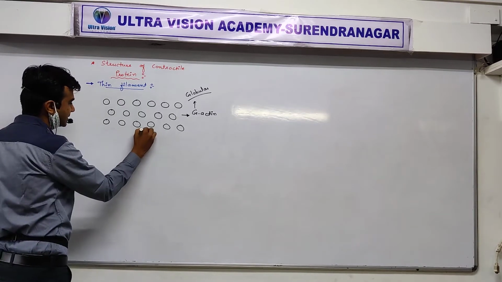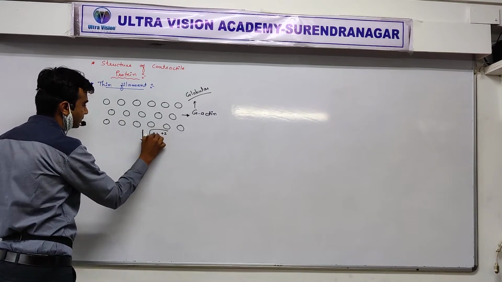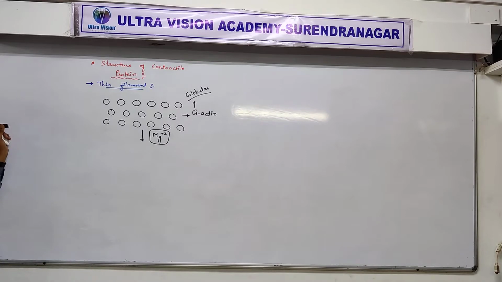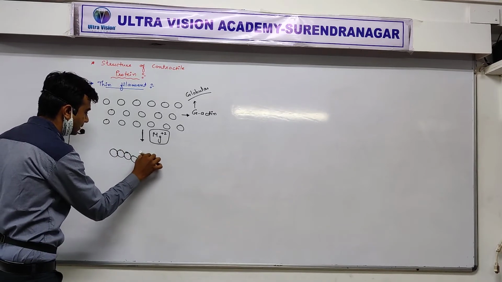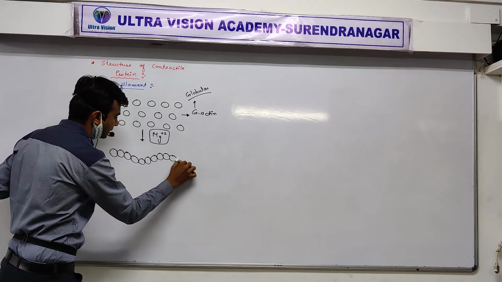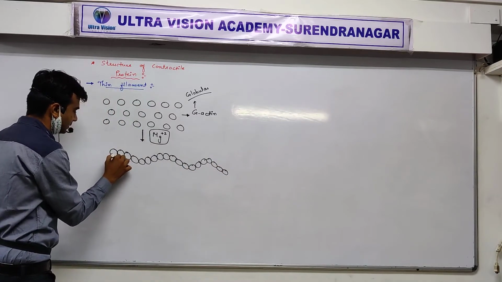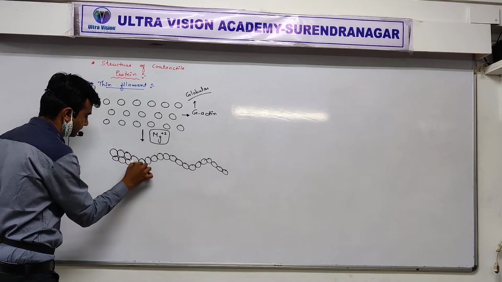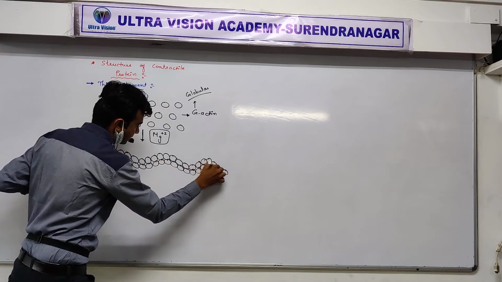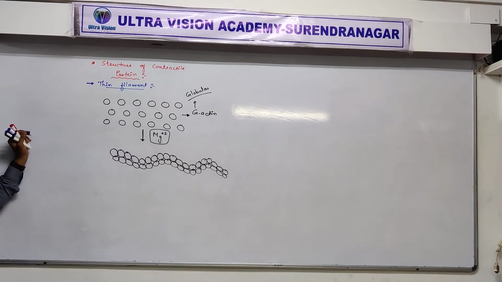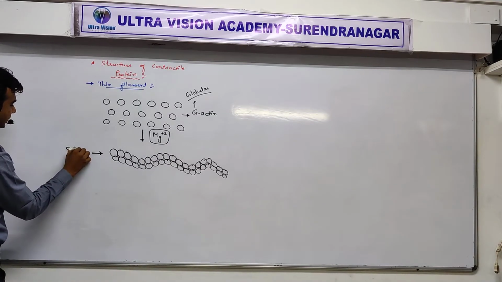This is very, very important: with the help of Mg+2, this globular actin is spirally arranged and forms the F-actin, that is known as filamentous actin.